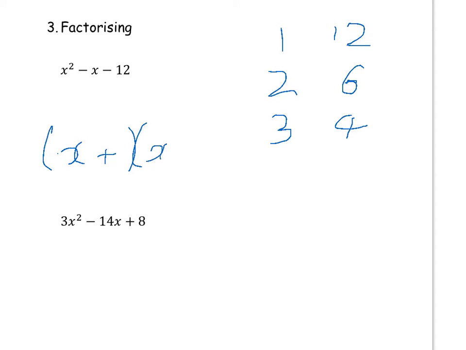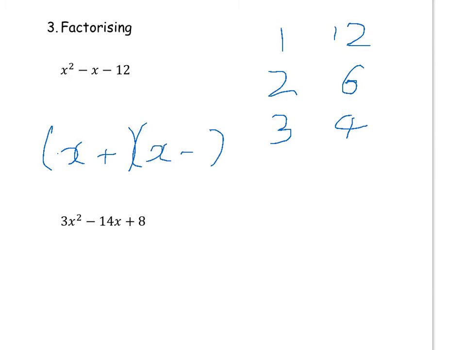Now, the next thing is these pairs of numbers have got to add up to make minus 1, because there's a minus 1 in front of that x. That's the coefficient of that x. So 1 minus 12 would be minus 11, and 12 minus 1 would be 11.